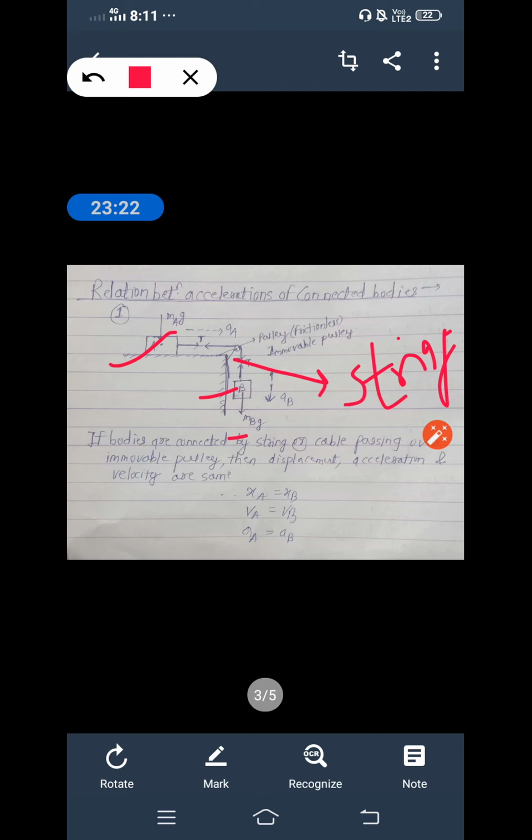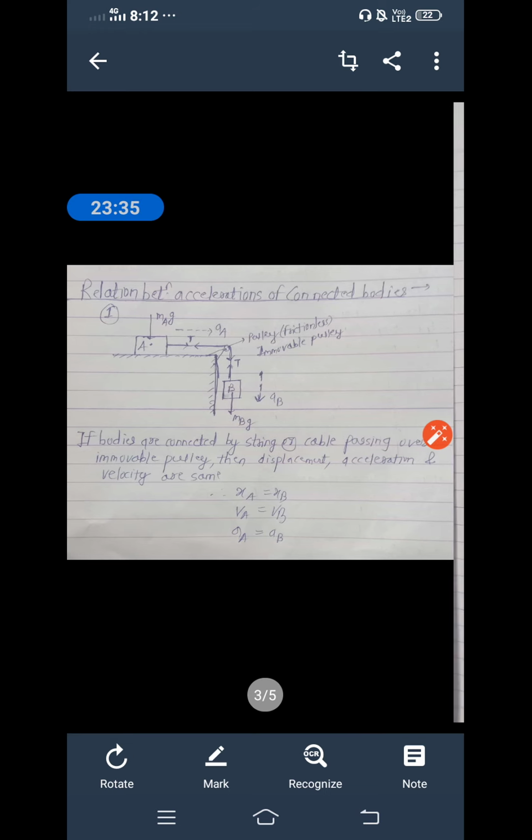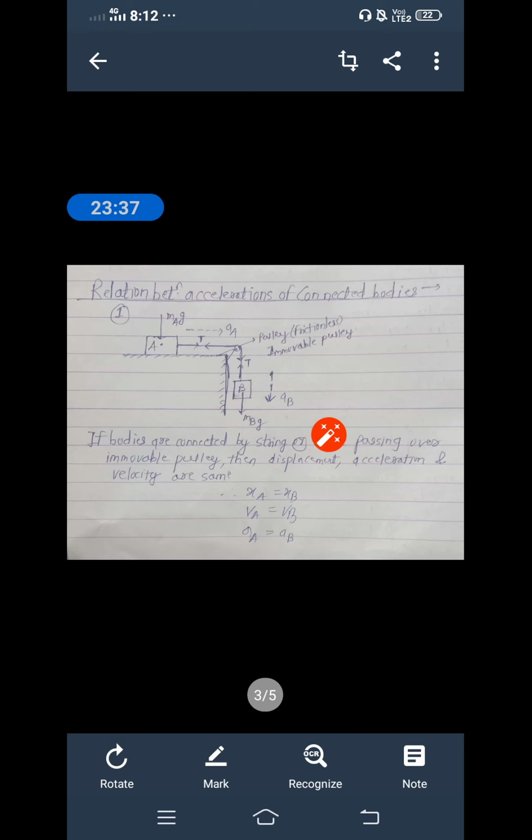Okay, so this is the situation. And one more important thing here, this string is passing over the pulley. And which type of pulley here? This is a frictionless pulley as well as immovable pulley.